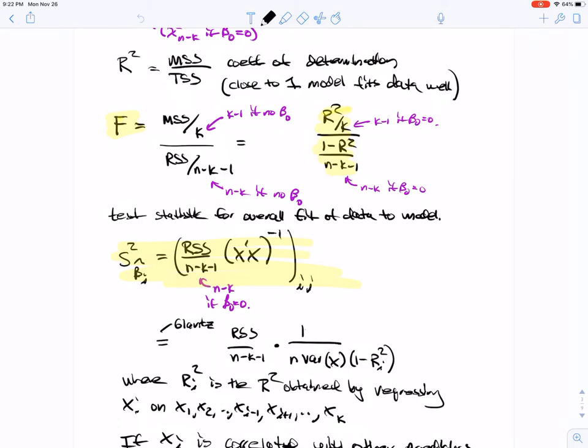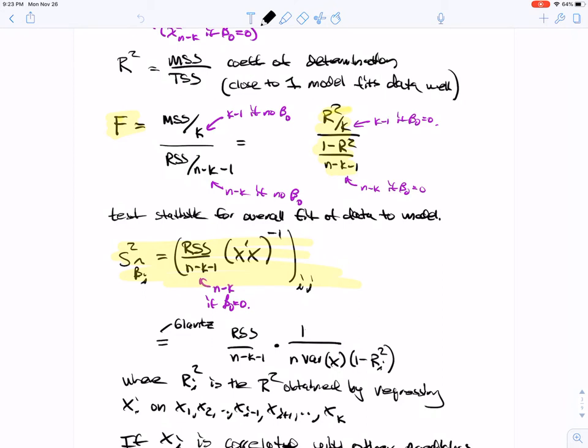So the null for F is that there's no relationship between y and any of the x's. Of course, you can test the significance of each of the beta i's.